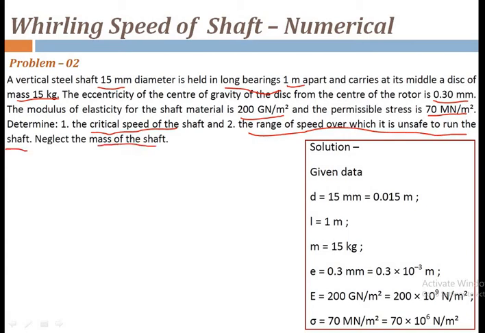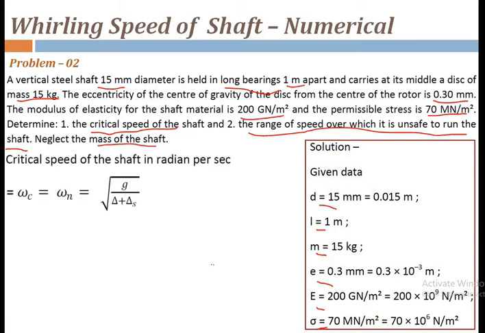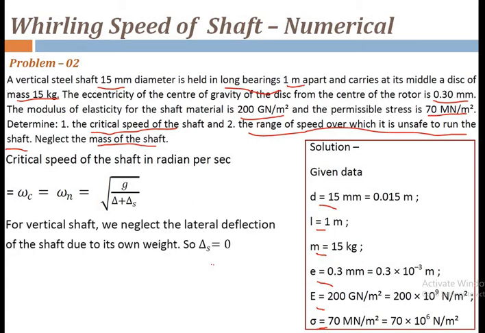So we just write down given data: diameter, length, mass, eccentricity, Young modulus, and permissible stress. First question is critical speed of the shaft, that is calculated by this equation, square root of g by delta plus delta S. Here mass of the shaft is neglected, hence delta S equal to 0.